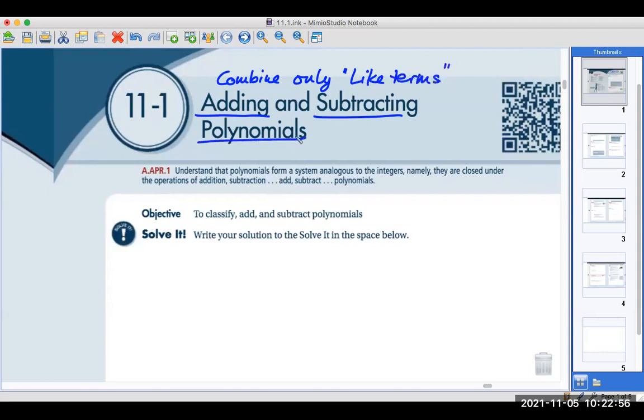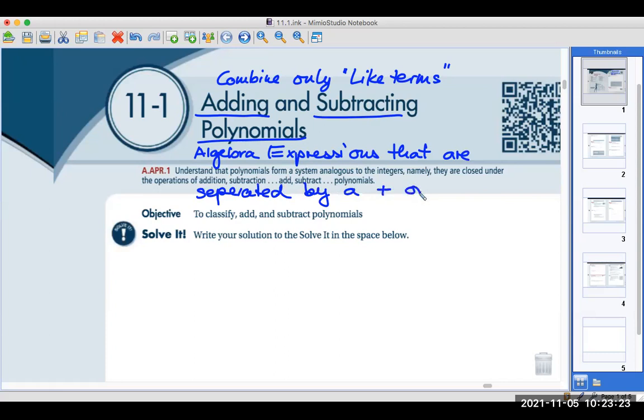Okay, polynomials are algebra expressions that are separated by a plus or minus.